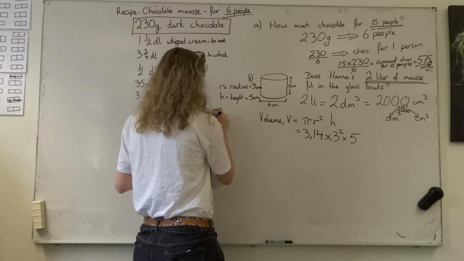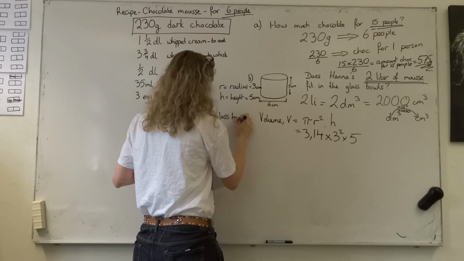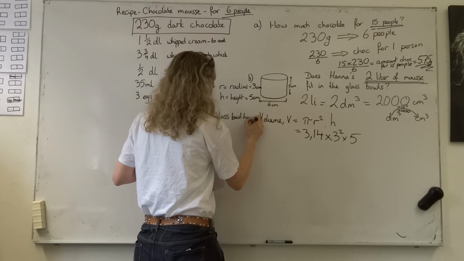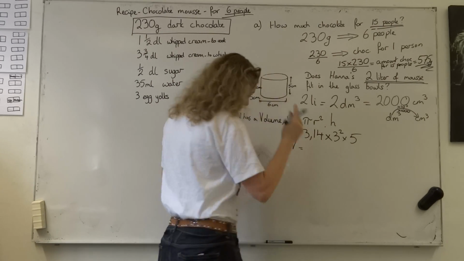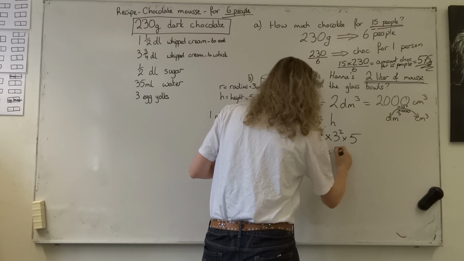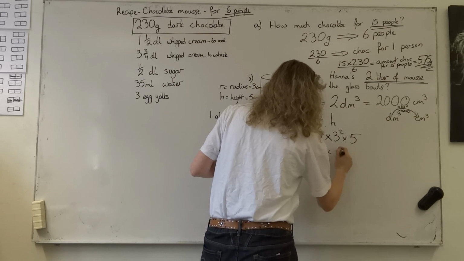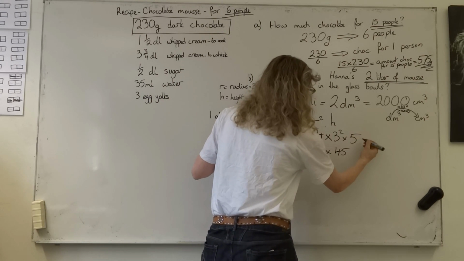So the volume of 1 glass bowl has a volume of that. So V, and we work that out, we get 3.14 times 9, 5 nines are 45, times 45. And the units then will be centimetres cubed. Why?